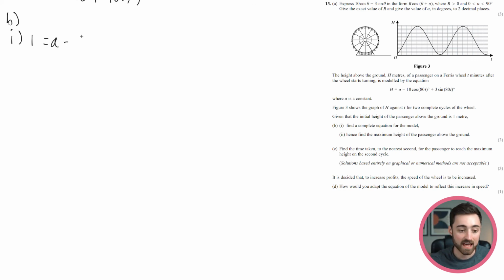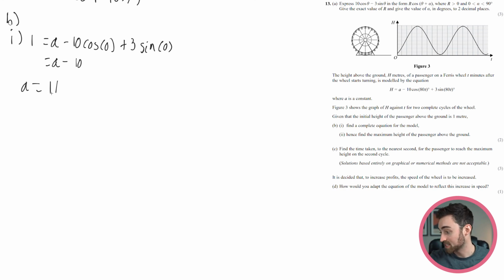So I'm going to get A minus 10 cos of 0 plus 3 sine of 0. Okay, sine of 0 is 0, cos of 0 is 1. So I'm going to get A minus 10 here. So A is going to be 11. Fantastic. Hence, find the maximum height of the passenger above ground. Okay, so this is where part A is going to come in.